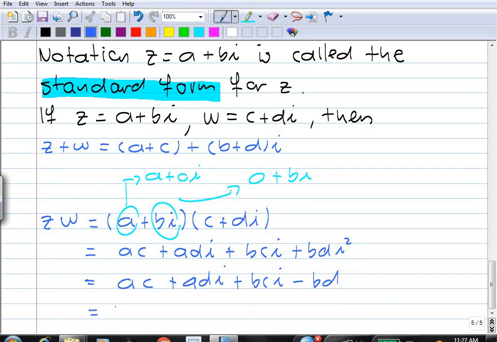So what we end up with, if we just group the real and imaginary terms together, is ac minus bd plus (ad plus bc)i. And that agrees with our definition of complex multiplication. But because of this nice notation for complex numbers and the fact that we've proven all the arithmetic rules for complex addition and multiplication, we can treat this product in the same way as we treated products of real numbers, where we have (a plus b) times (c plus d).